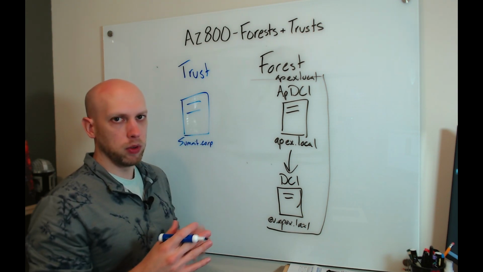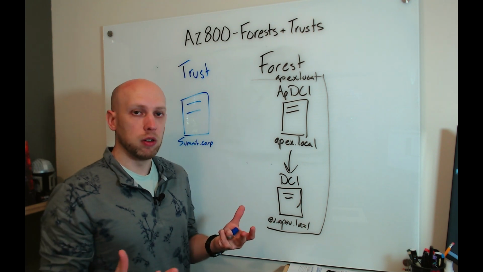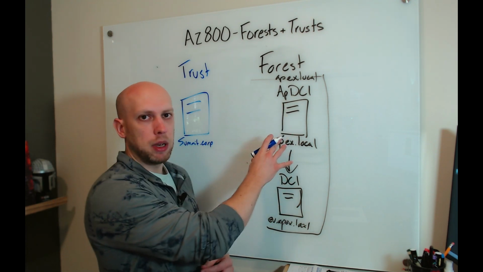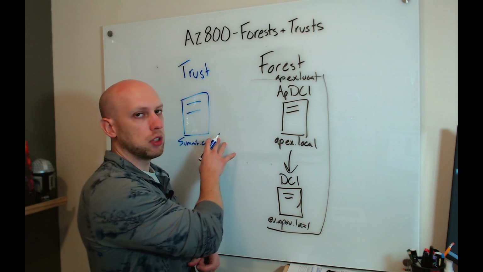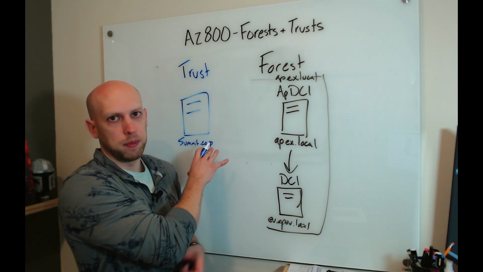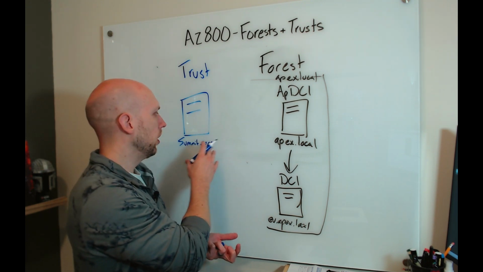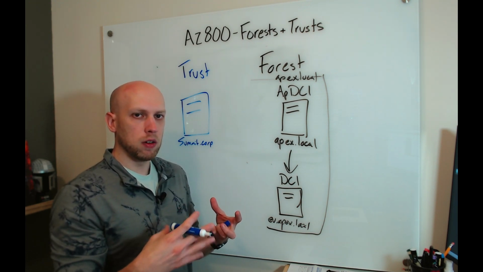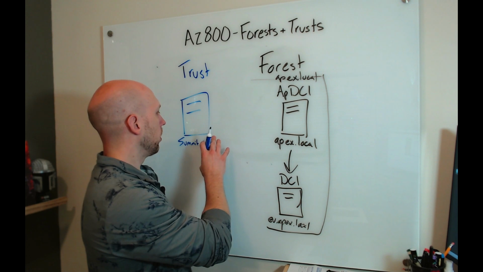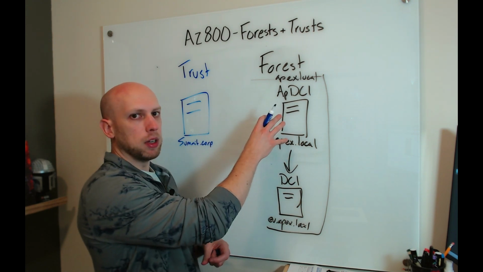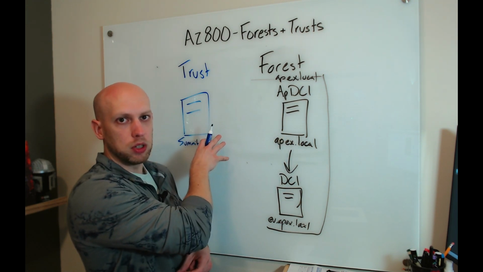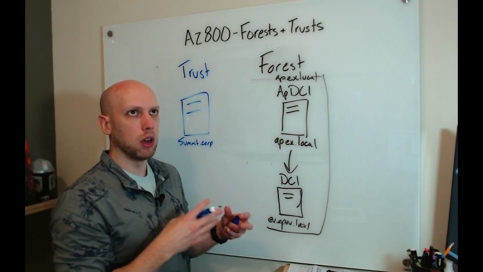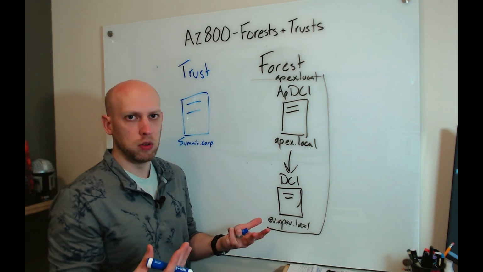Now think about, for this theoretical scenario, we have our company apex.local, and it is purchasing a company called Summit. I don't know what they do, it doesn't matter. But in order to merge the two companies together, Apex needs to be able to have their admins log in and manage resources on the Summit domain while they're facilitating the merger of the two companies.